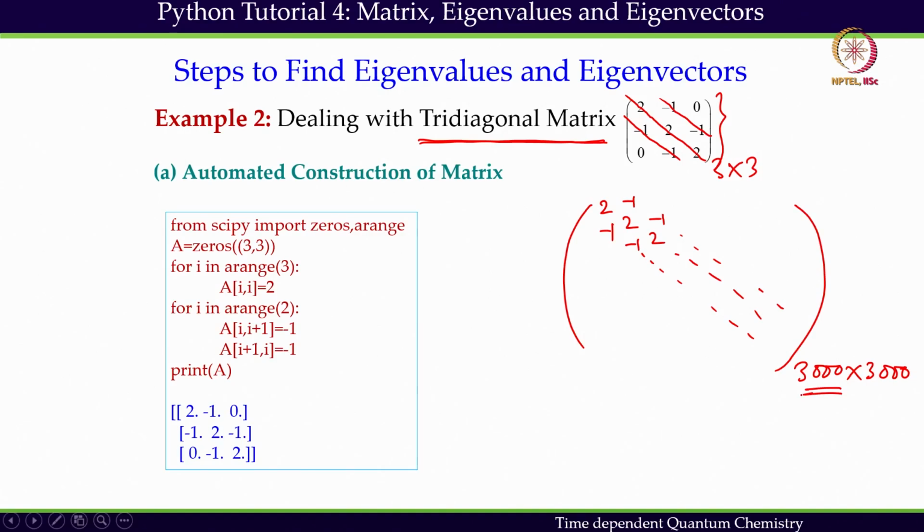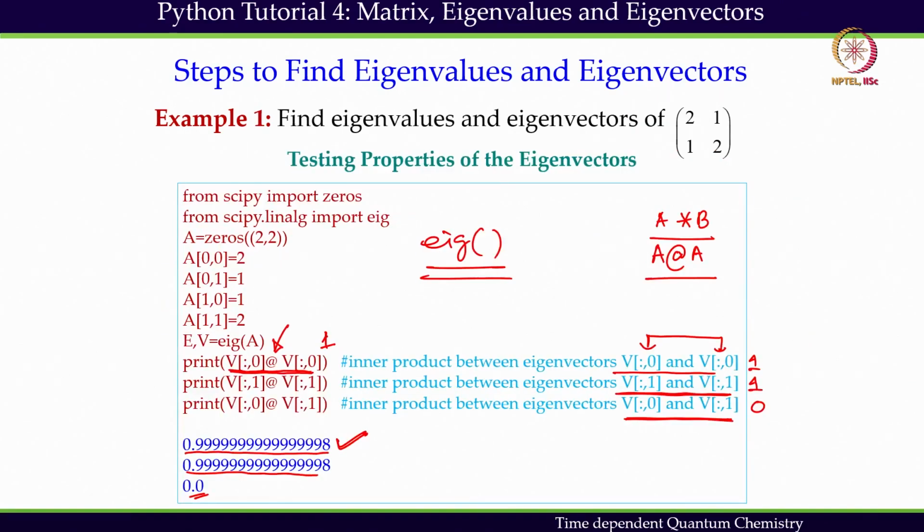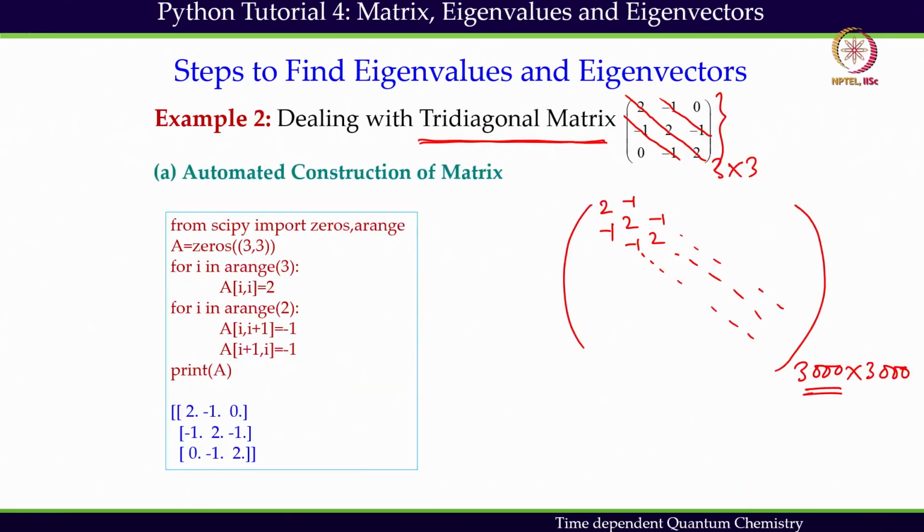So, previously, once we had created the null matrix, we manually entered the values of each element. We reassigned the values of each element manually. We can automate the process of matrix construction by using a for loop, and that is exactly what we are going to learn.